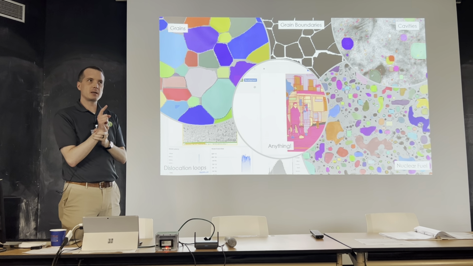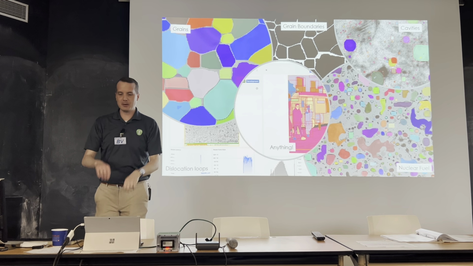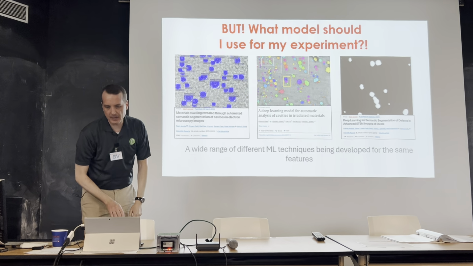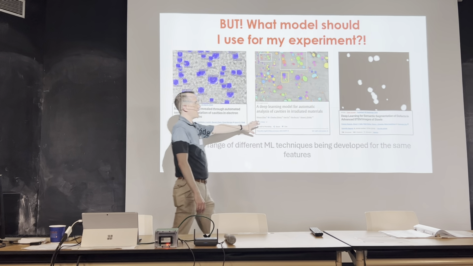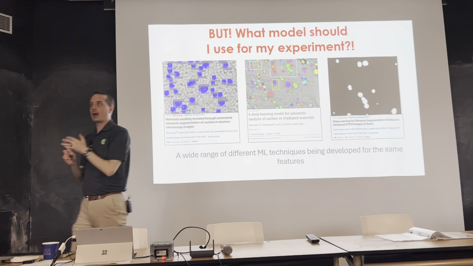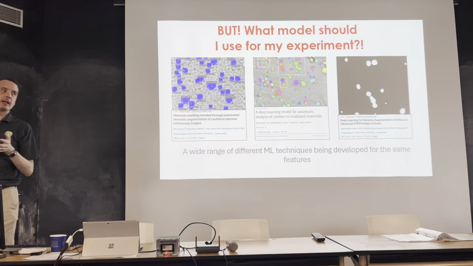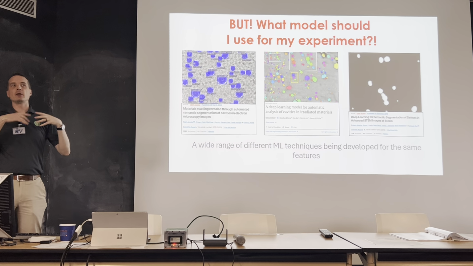And the question that always comes up though, from all of these different applications, is what model should I use? Right? I've got all these different models being published all the time. They're all for these different things, it might be by material, it might be by camera or detector that's being used. If you're on the bio side, it could be by cell line. There's all these different things.